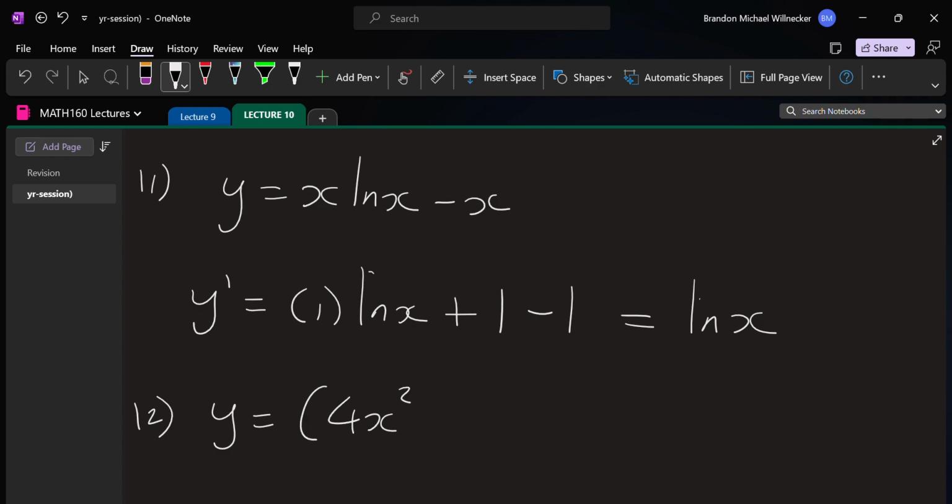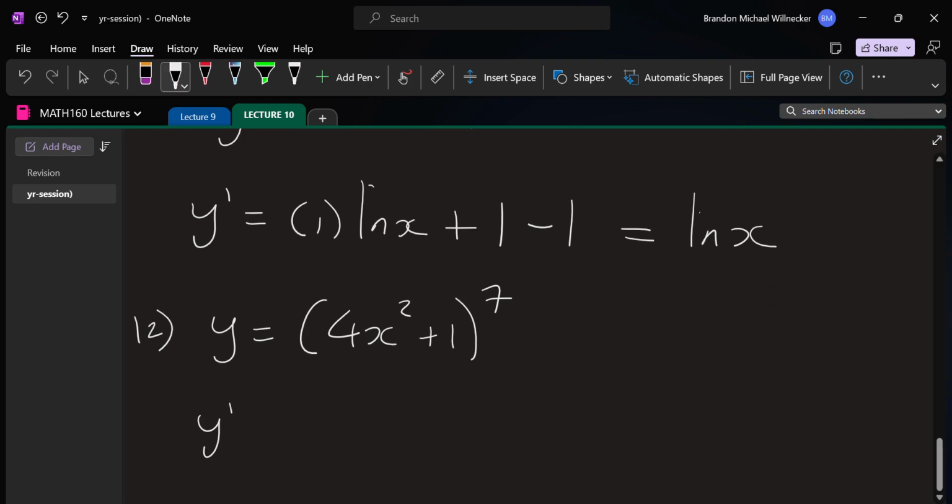Okay, 12. So we have y is equal to (4x squared plus 1) to the power 7. Okay, so again, we've got this composition. The outside function is something to the power 7. The inside function is 4x squared plus 1. So we differentiate the outside function first. So we take the 7 down using the power rule. The inside bit stays the same.